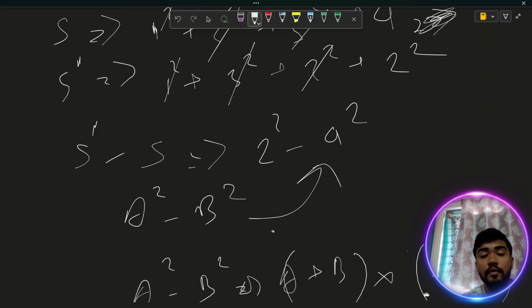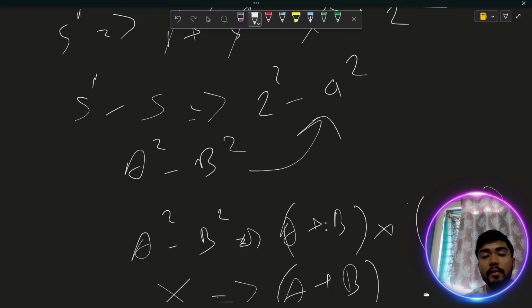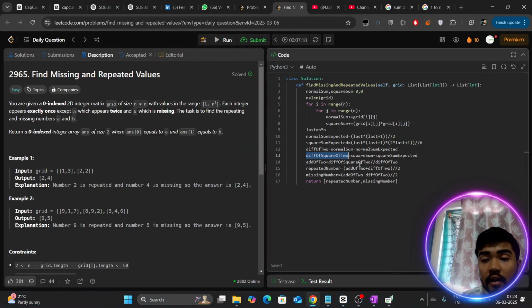So that is diff of square of 2: square sum minus square sum expected. The square sum we have calculated here, and the square sum expected we have calculated by this formula.